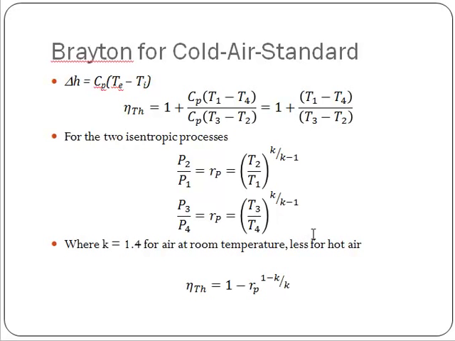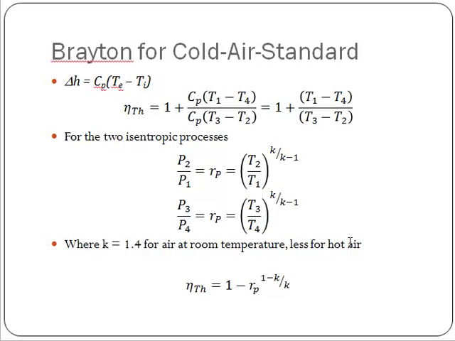One of the things that's really interesting, though, is if you chase the algebra, if you solve this for the T1s and T2s in terms of Rp and plug all those numbers in here, it turns out that if you take that pressure ratio to the 1 minus k power over k, then that really is the exact same thing as this formula up here. Okay?